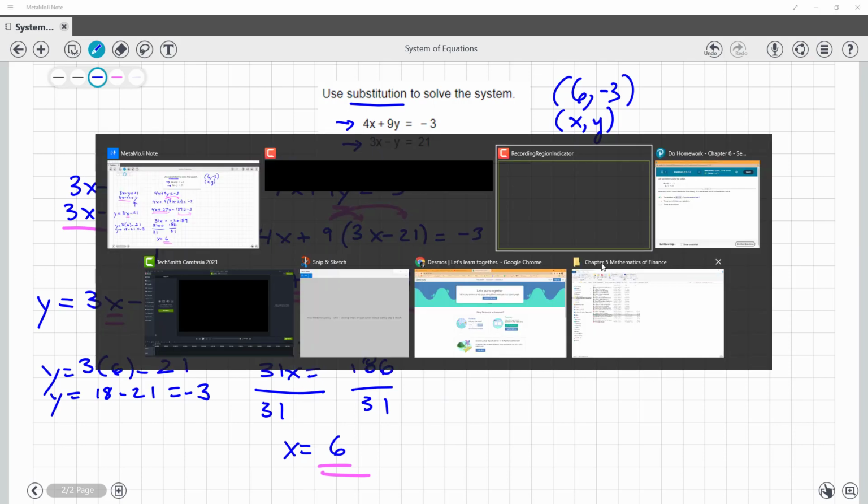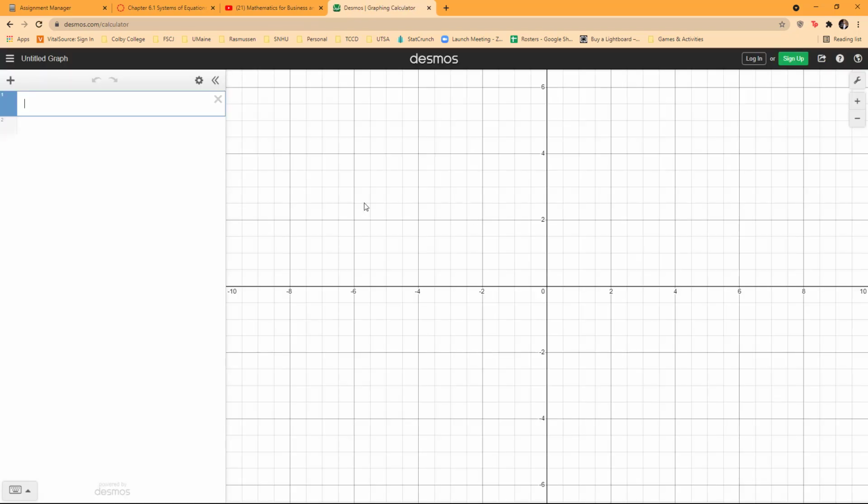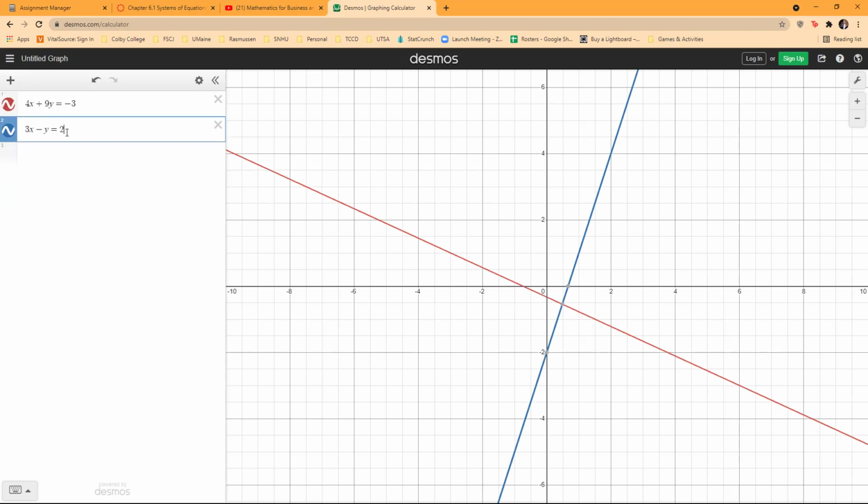If you watched the video before, I really push Desmos. I push graphing, because what you're going to graph for both of these equations is 4x plus 9y equals -3. I'm going to add another expression, 3x minus y equals 21. And guess what that point is right there? That's what you're solving.